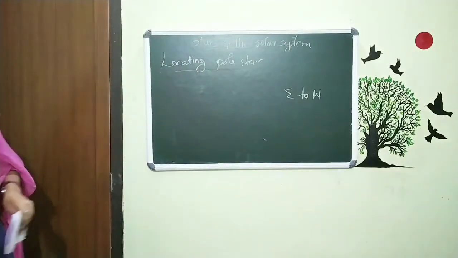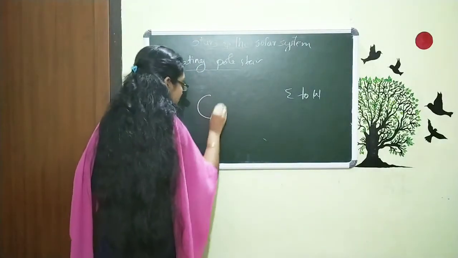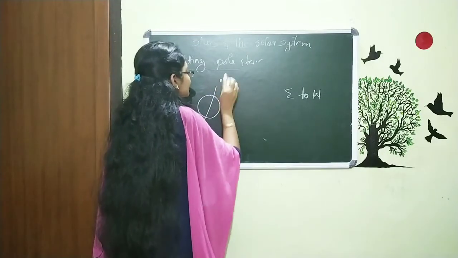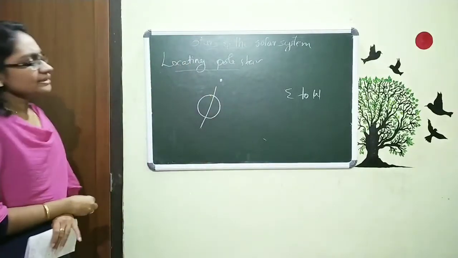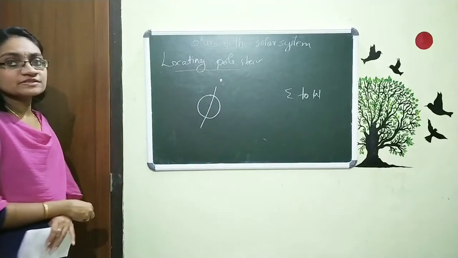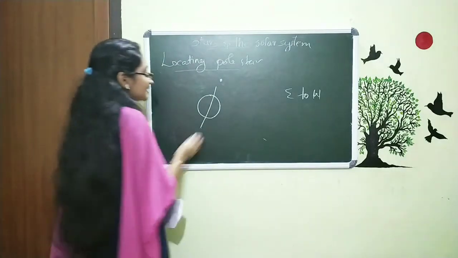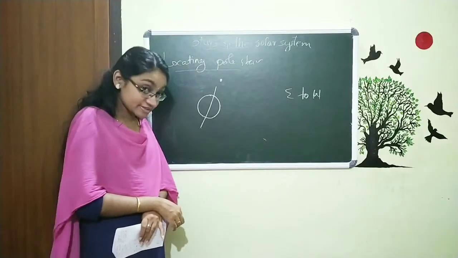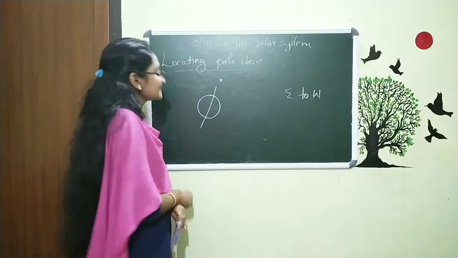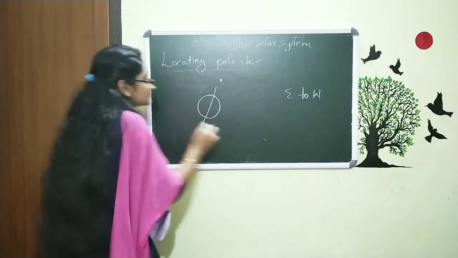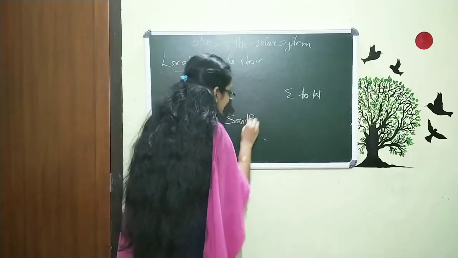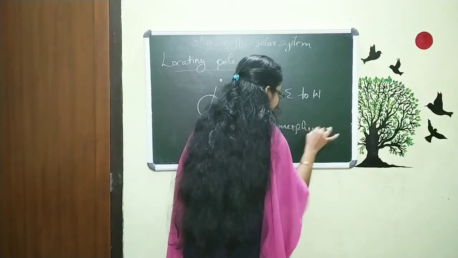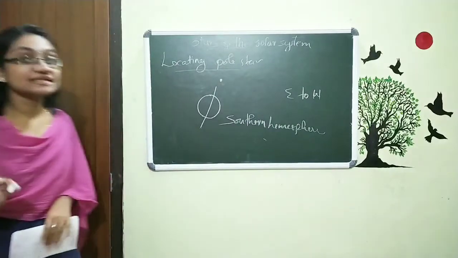We already said that the Earth has one axis and this pole star is at the top. Now the question is, is it possible to see this pole star when we are standing at this point? Obviously not. So we can say that in the southern hemisphere it is unable to see the pole star.